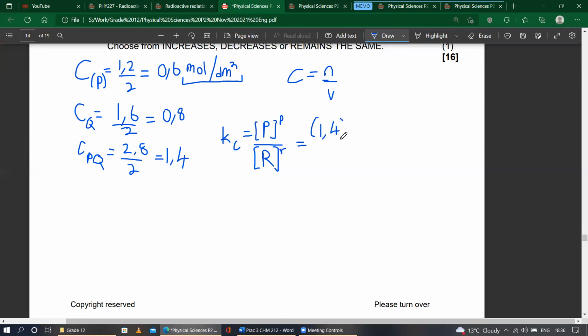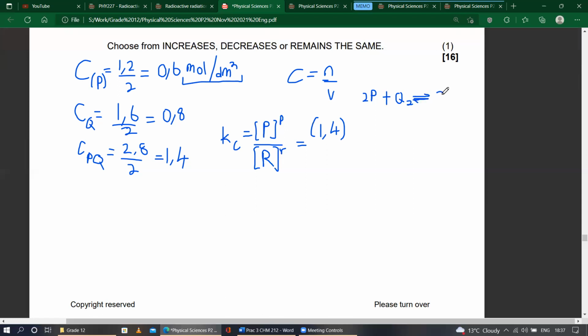And from the equation, we know that P2 plus Q2 is at equilibrium with 2PQ. So the coefficient of PQ is 2. So this is going to be 1.4 to the exponent 2.